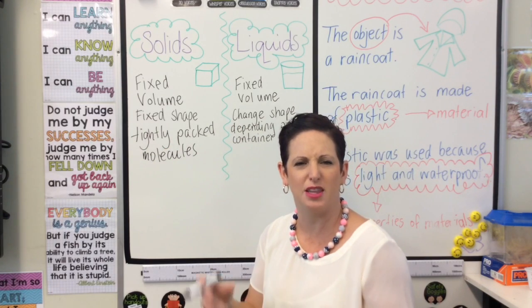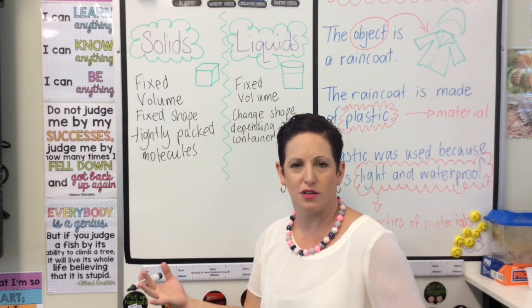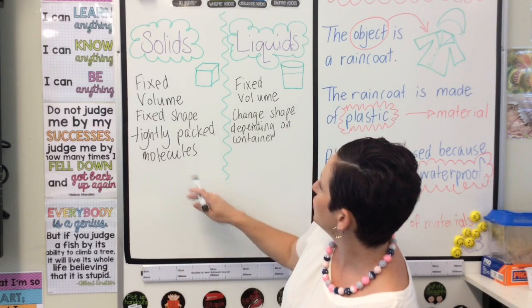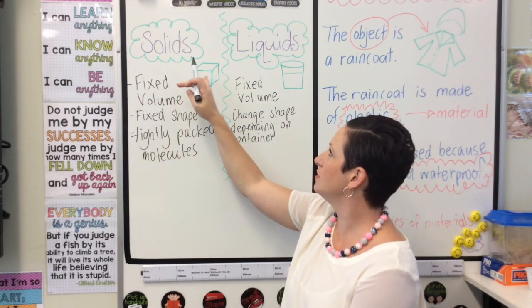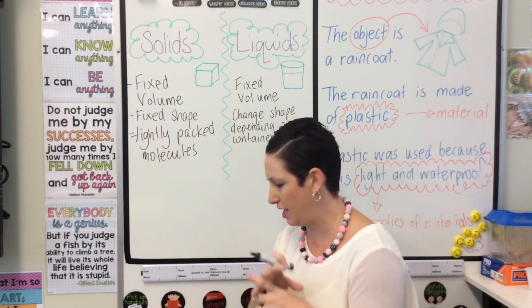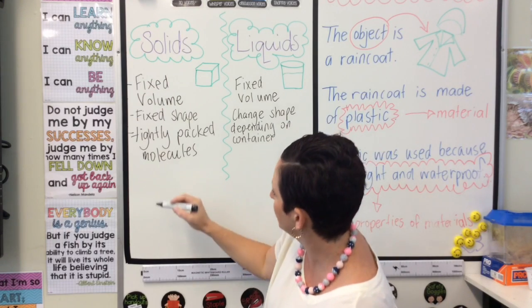Molecules and atoms are like the building blocks of all things on Earth. Okay, they're like the building blocks. Everything is made up of them. So the H2O molecules in a solid are tightly packed together and they don't change their position.